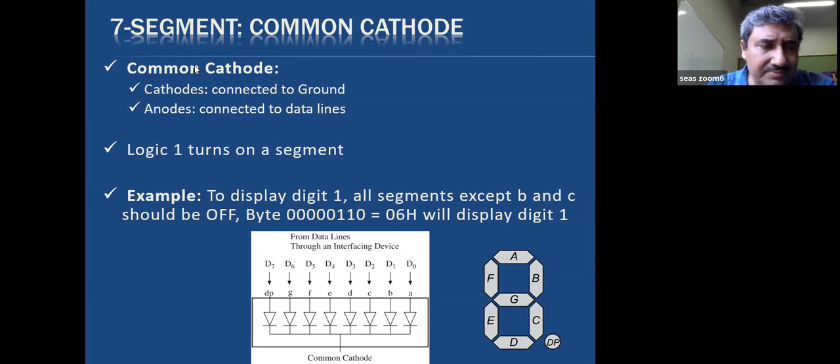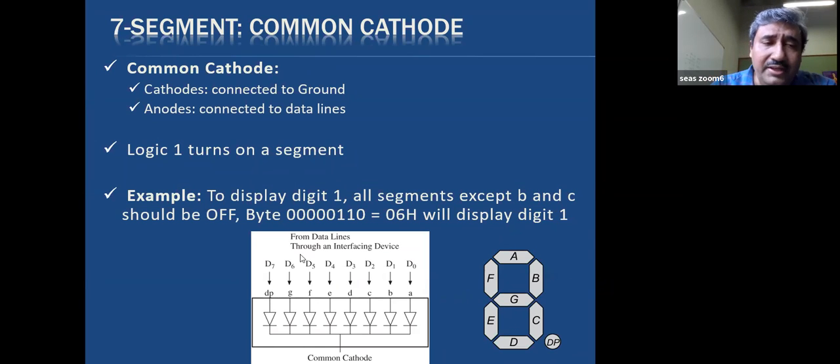Everyone, can you think? For 5, so A, F, G, C, D. Correct, right? So most of us are getting this. And you can change the sequence as you want. The thing is, A, F, G, C, and D should be on.